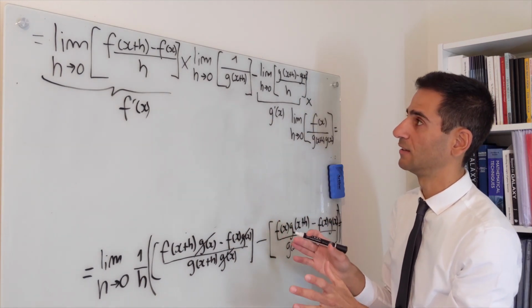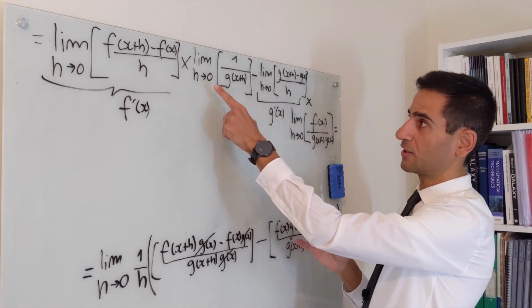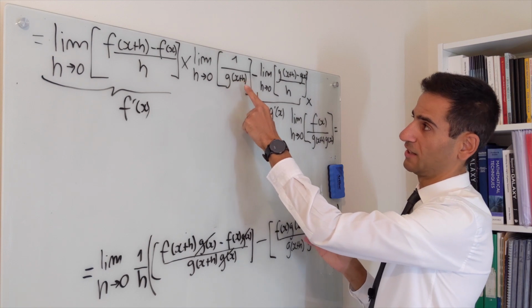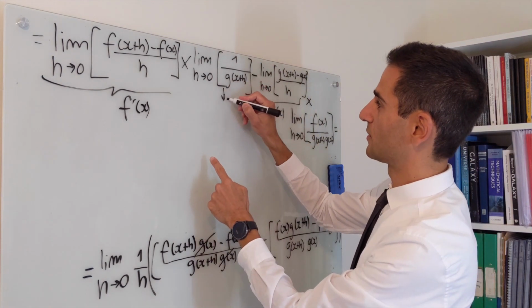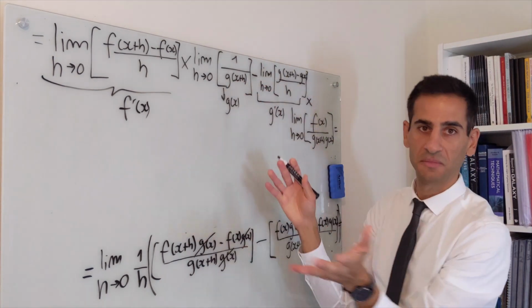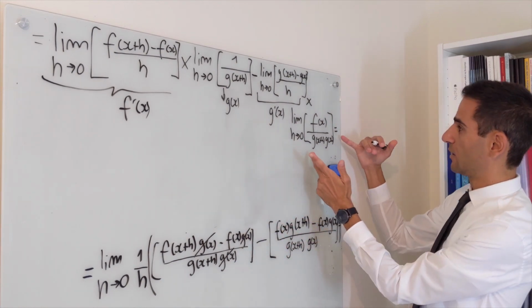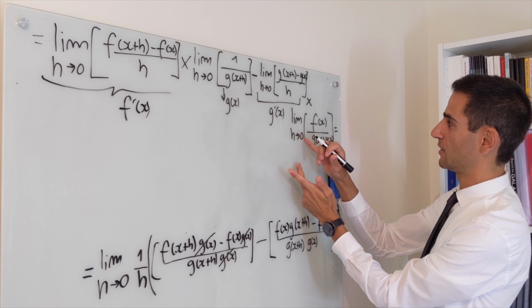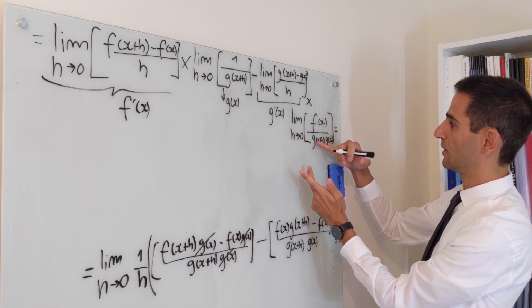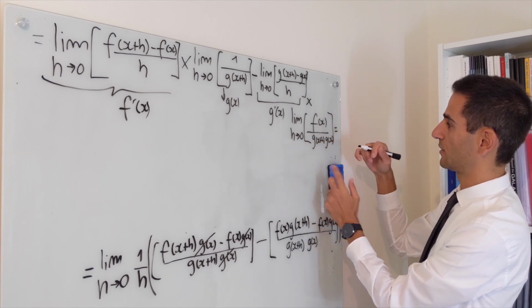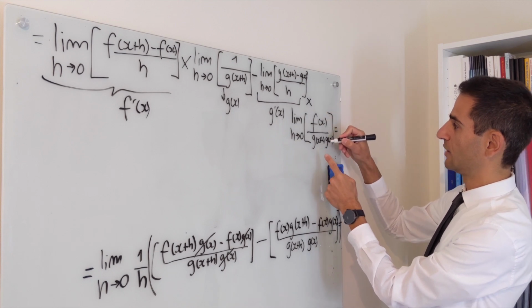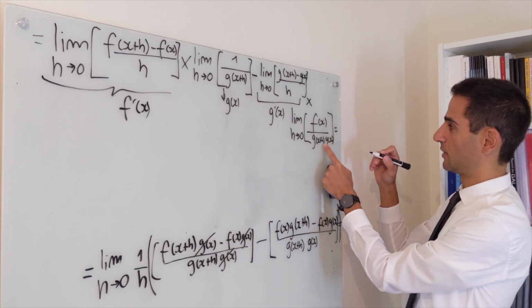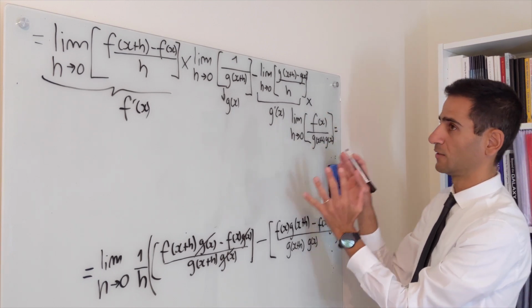They're relatively easy. The limit when h goes to 0 of g of x plus h is just g of x. It's very simple. And when we look at this limit, the limit when h goes to 0 of f of x over g of x plus h times g of x is just f of x over g of x squared, because this h simply goes to 0.